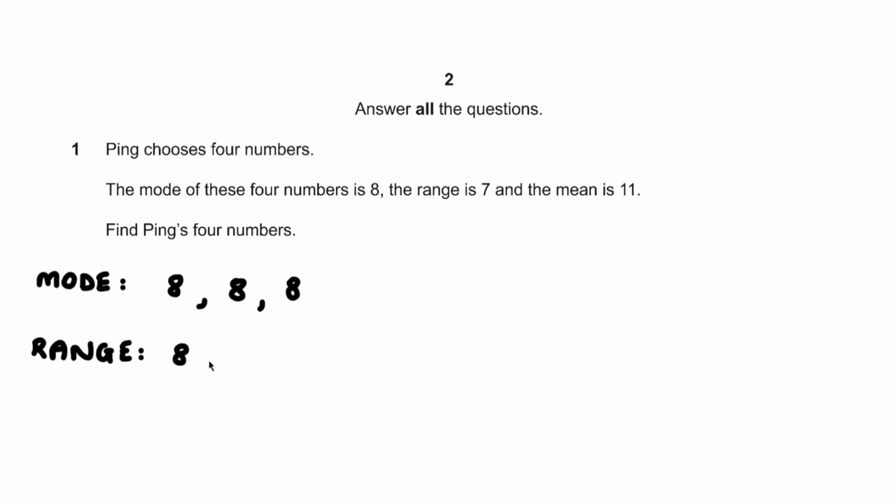I've got 8 take away the smallest number equals 7, which means in this case the smallest number is equal to 1. So if I have my numbers 8, 8, 8 and 1, clearly here the mean will not be 11. So this will not work.